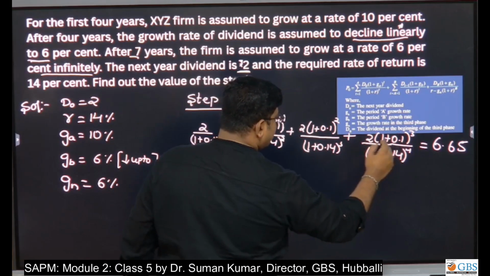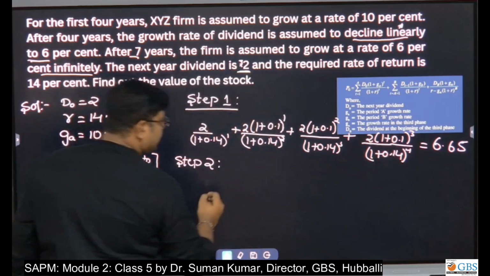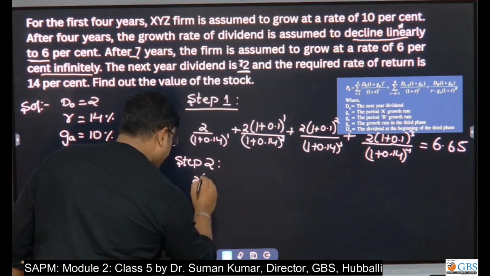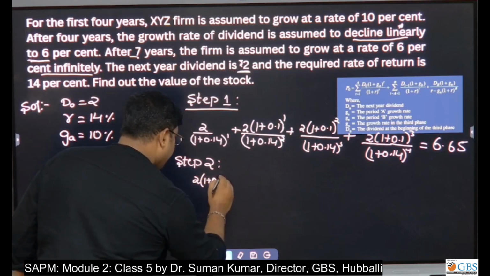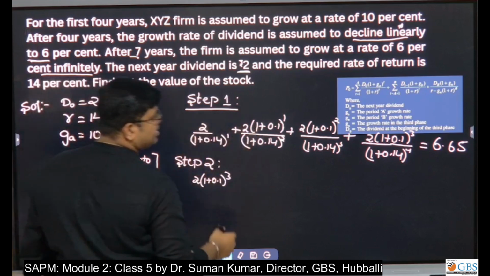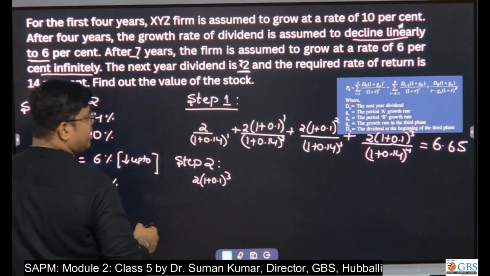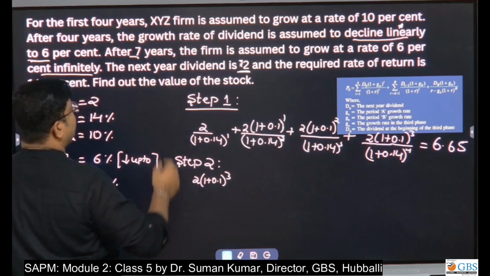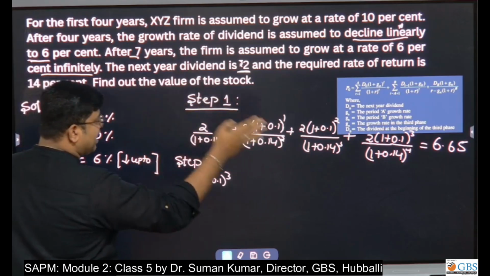This part is 2 into (1 plus 0.1) raised to 3. This is the dividend of the previous year, right? Then from 10% it starts declining.